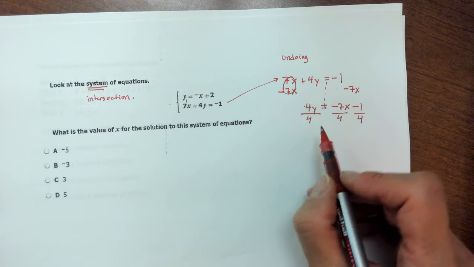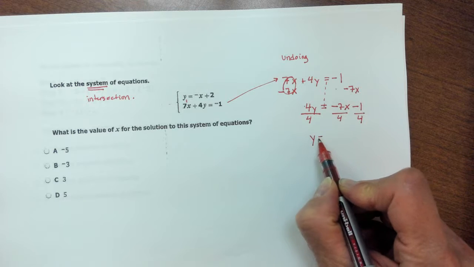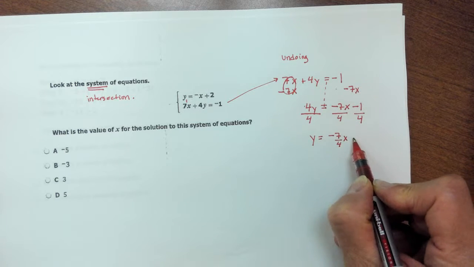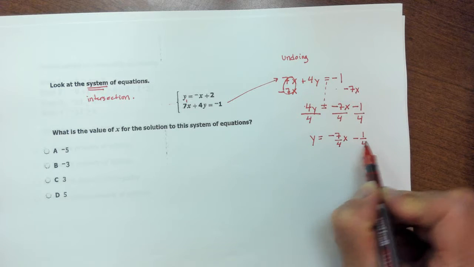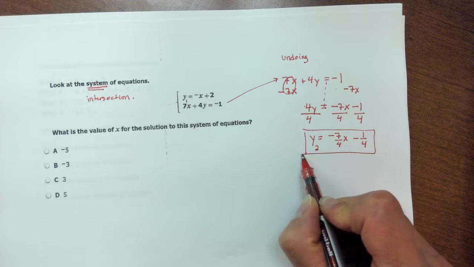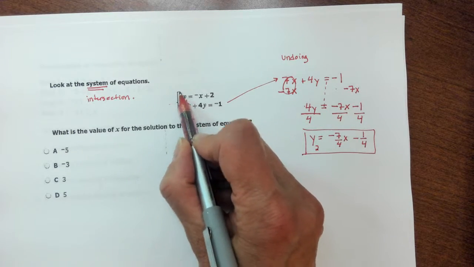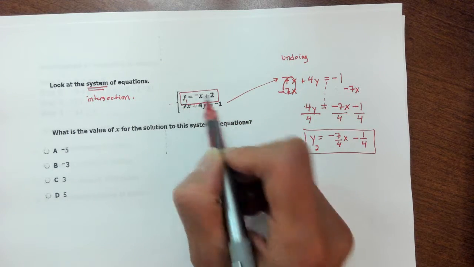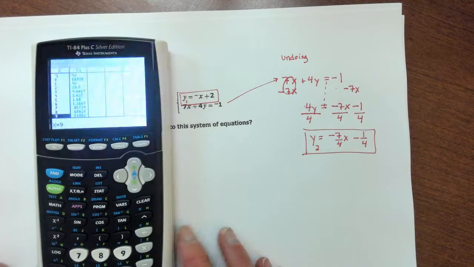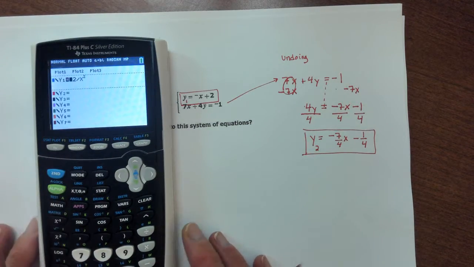That's what's tricky on that. So that means y is equal to negative 7/4 x minus 1/4. Okay, so remember, I'm going to put that in y2. So that goes in y2, and this is my y1. So like I said, sometimes you have to do the math in order to let the calculator help you out.